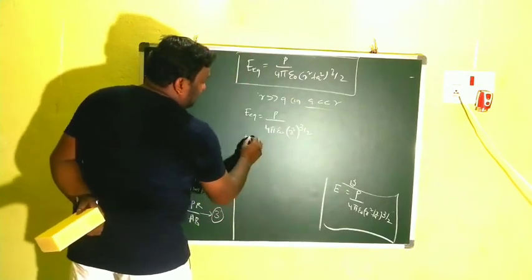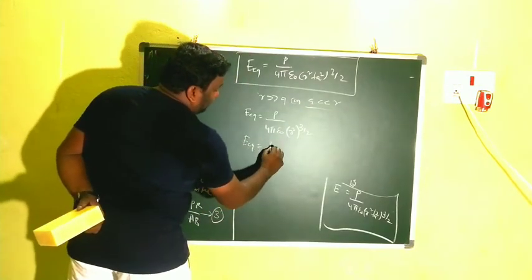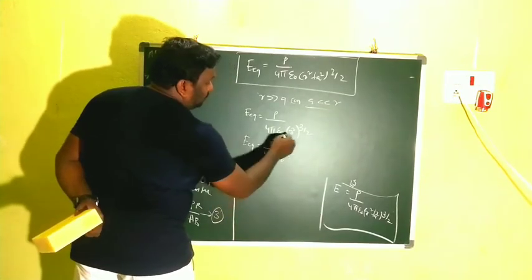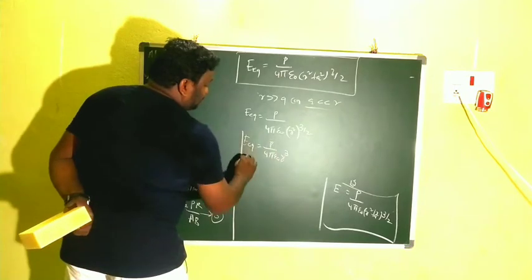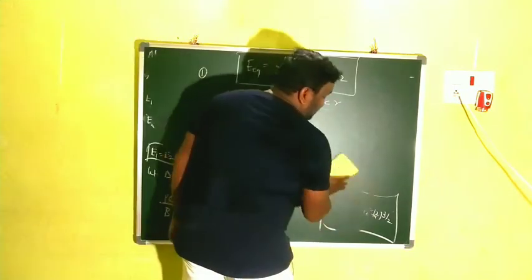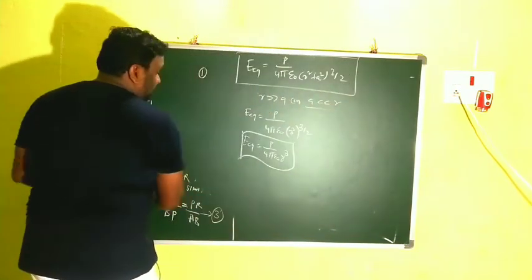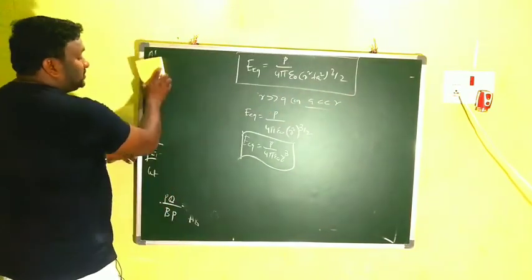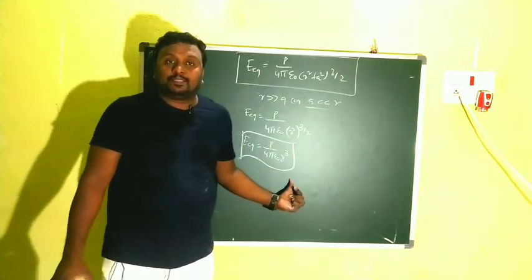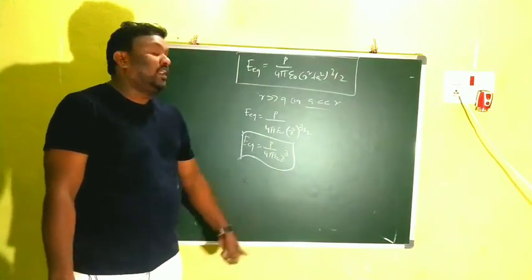That gives E equatorial equals P by 4 pi epsilon naught into r cube. So this is the electric field intensity of a short dipole. Clear, children? In any problem, if it is directly mentioned that it is a short dipole, you can go for this formula, P by 4 pi epsilon naught r cube.